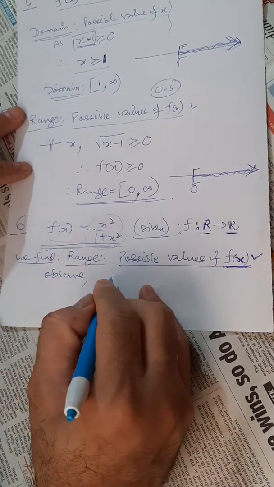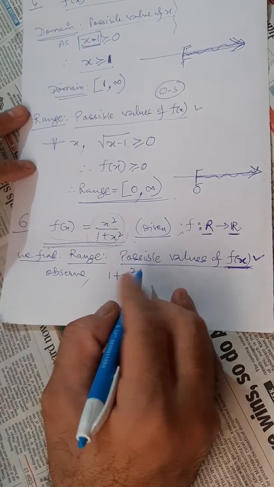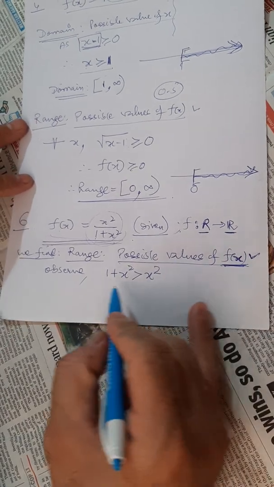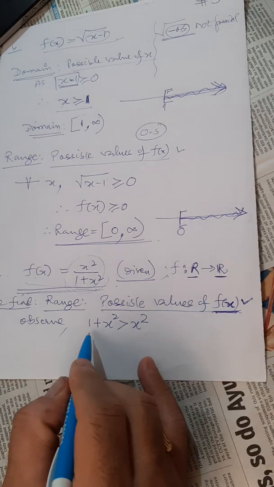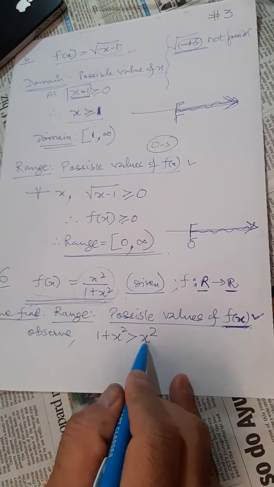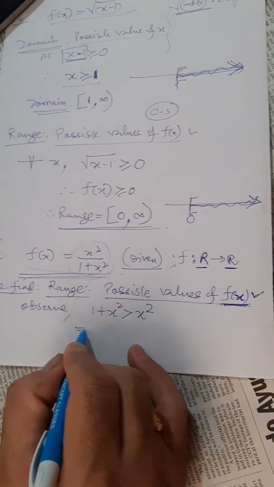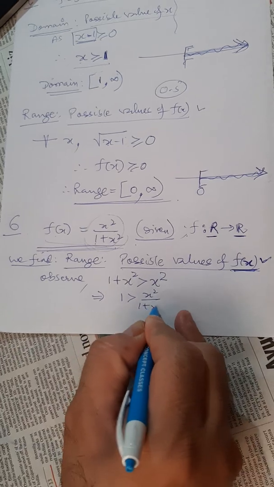Observe that 1 plus x square is always greater than x square for every x. You can notice this much. This is always true. 1 plus x square is always greater than x square. I need x square by this. So if I take it on the other side, x square upon 1 plus x square.